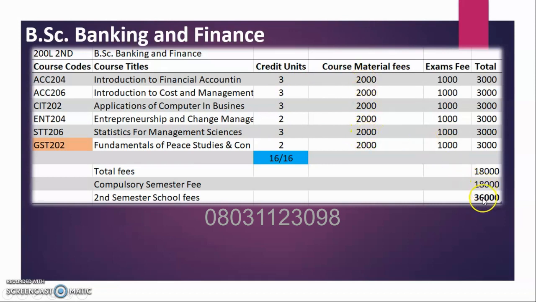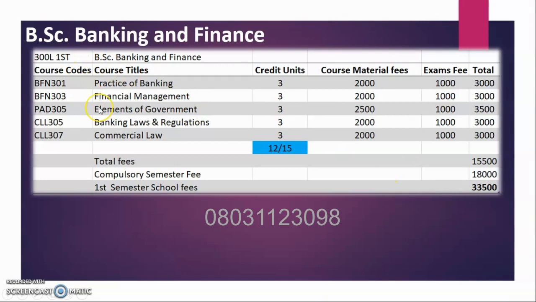So you add 2,000 to this, it becomes 38,000 instead of the 36,000. Don't blame me, I have a lot of this to do in one day, like for 10 programs. So that's why these mistakes keep coming up. So you sum this up, you have 38,000 as your fee for 200 level second semester.